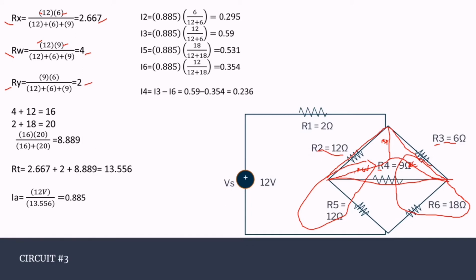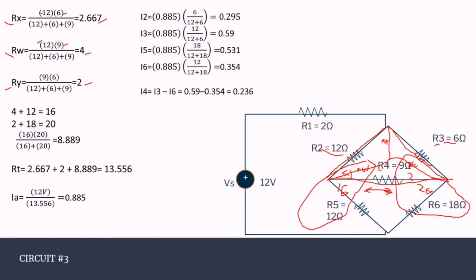So our RW is equal to 4 plus 12 is equal to 16. And our RY, 2 plus 18 is equal to 20. Since they are in parallel with each other, we're going to compute.